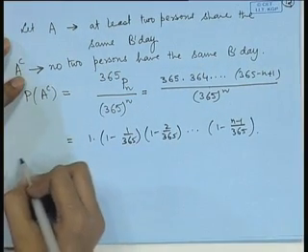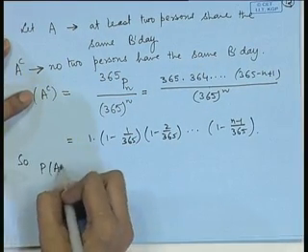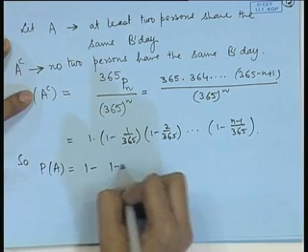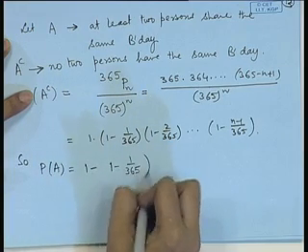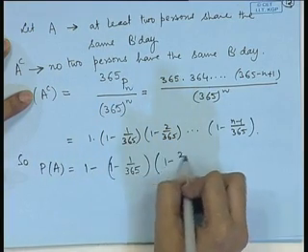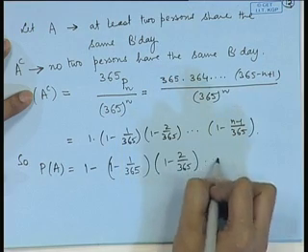And so the probability of A becomes 1 minus the product given by these terms.